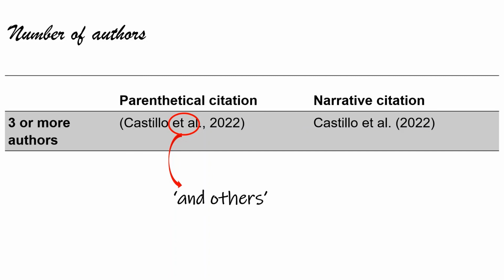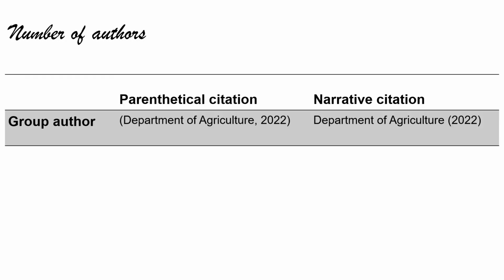For the narrative, add et al., of course, and only the year is parenthesized. If the author is a company, government organization, or other group, use the full name in your citation.